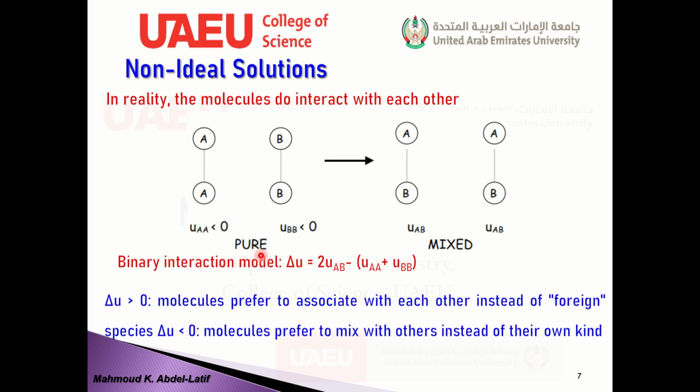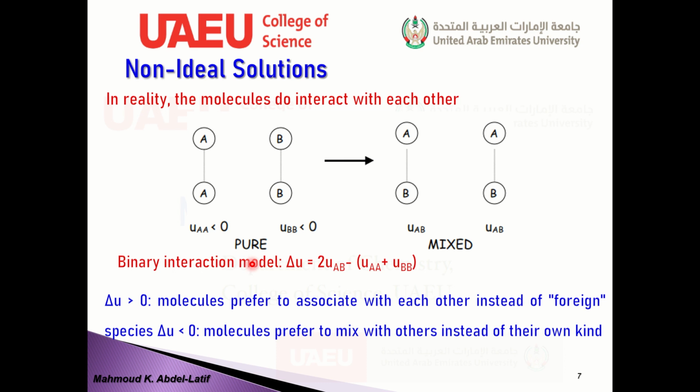If you mix them together, the enthalpy change and the volume change will not be 0, because the intermolecular forces between the components of the substances will not be the same as in the pure ones.